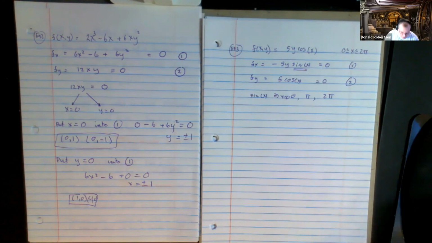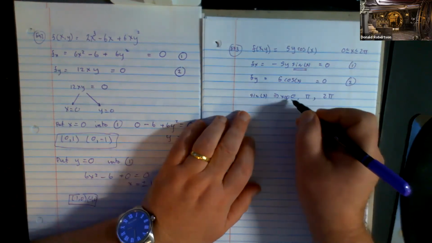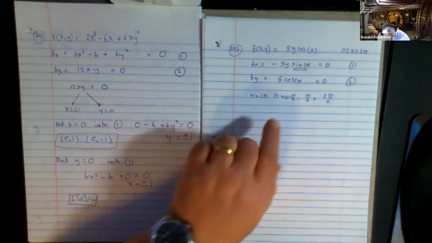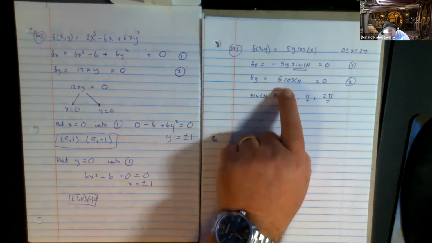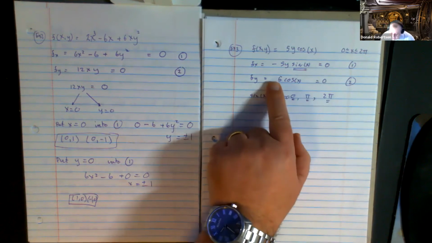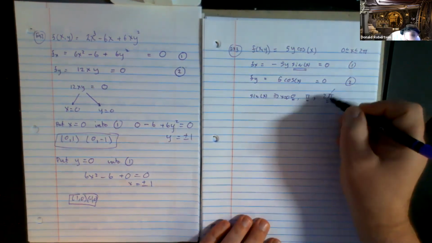Right. We also need to look at, for each one of these x's, doesn't it need to be true here as well? And if you plug in 0, you plug in pi, and you plug in 2 pi, none of them work. But that's okay.